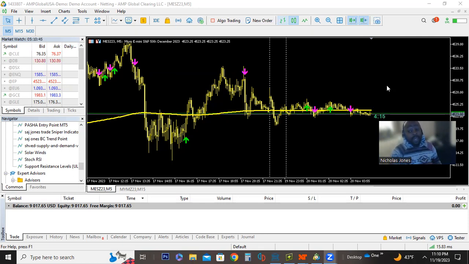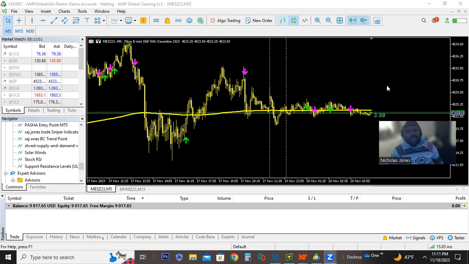And if you wanted to only trade 10 cents per pip, you would put in 0.01, and that would be 10 cents.